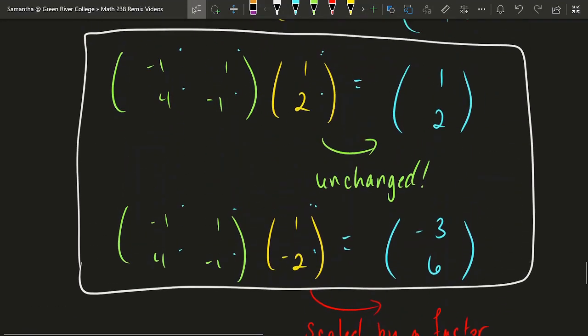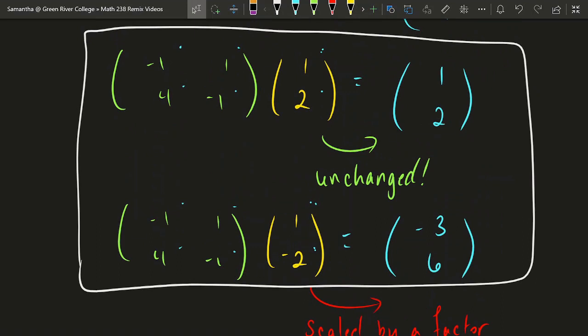It turns out that the vector 1, 2 is also an eigenvector of this matrix. The vector was unchanged when the matrix was multiplied, so it was, in some sense, scaled by a factor of 1. Multiplying by 1 doesn't change anything. So if the vector was unchanged, it also counts as an eigenvector.